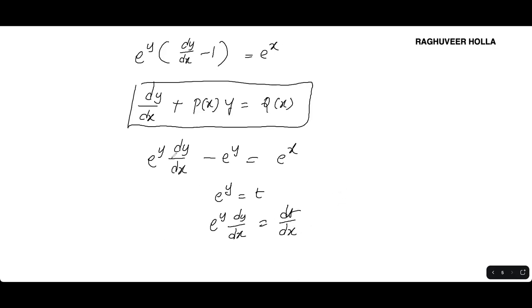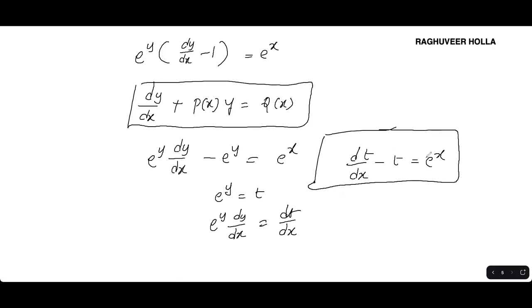So your equation becomes dt by dx minus t is equal to e to the power of x. This is the required differential equation of the form. So p of x will be minus 1 when you compare to this, and q of x will be e to the power of x.